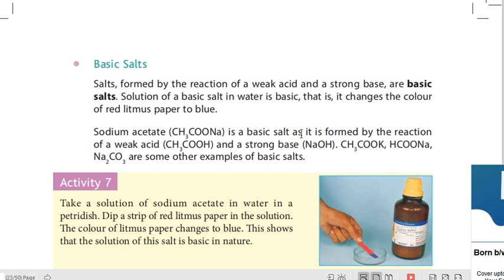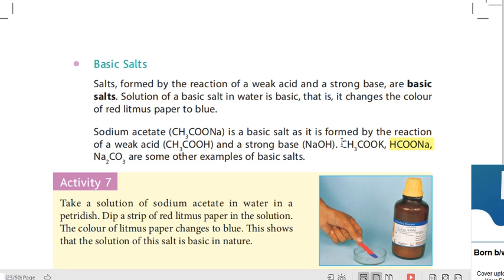Another example is potassium acetate. Again, the acidic part is acetic acid and the basic part is potassium hydroxide. Another example is sodium formate. Sodium formate means what? Here the formic acid has the part HCOO and Na is from sodium hydroxide.